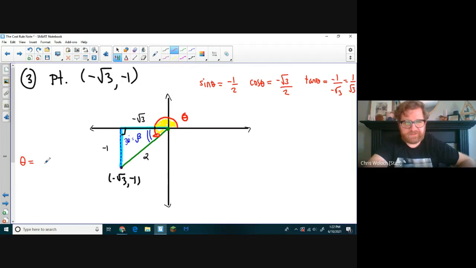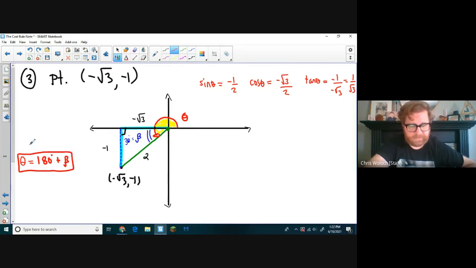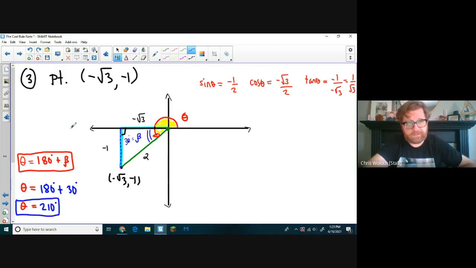So that's essentially the formula for how to find the full swing. So theta is going to be 180 plus 30, so theta equals 210. And that makes sense because quadrant 3 is between 180 and 270.